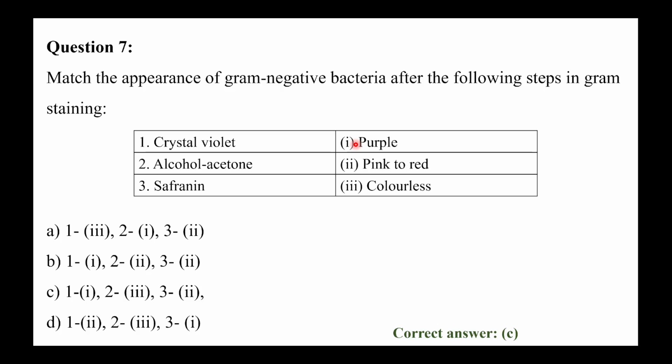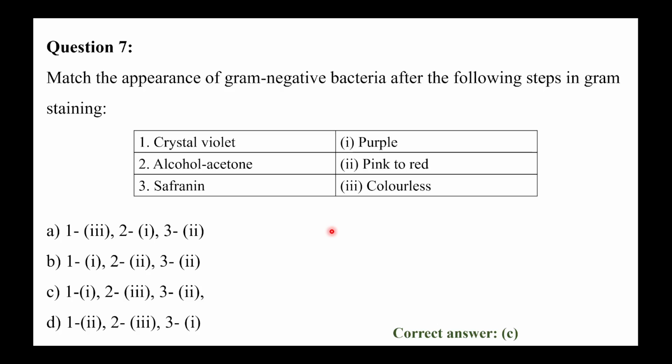After the decolorization step, we stain with a counterstain called safranin. Safranin has a pinkish reddish color and it stains the cells pink. So the cells which are now colorless will take up the pink color and appear pink under the microscope.